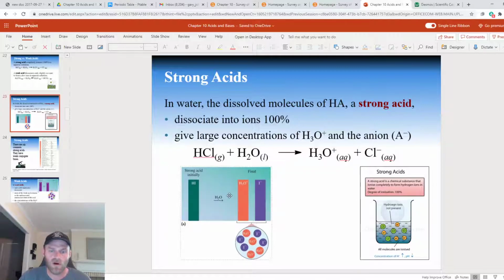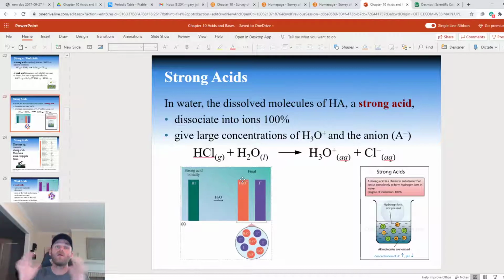Okay, so these little charts on the left side of the PowerPoints are trying to indicate what I'm talking about. So when I put hydroiodic acid into water, you see how these bars are the same height? That means that I had the same concentration of H3O plus, or the H plus, and the same concentration of the iodide ion.